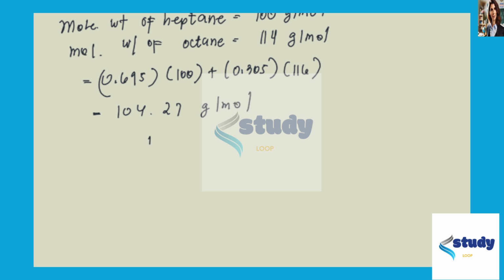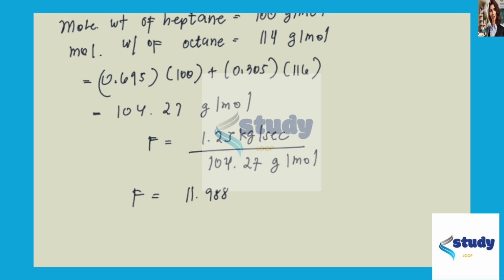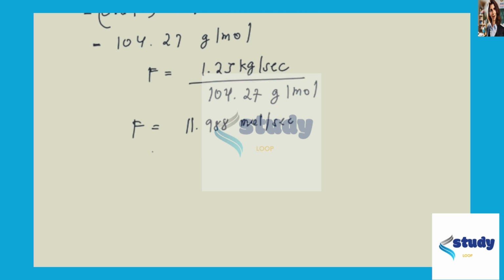So our F would be equal to 1.25 kilograms per second divided by 104.27 grams per mole, which is equal to 11.988 mole per second, or about 12 mole per second.